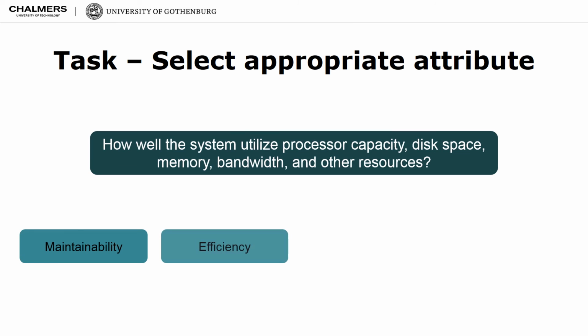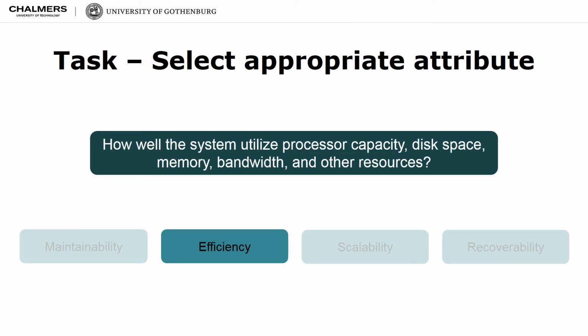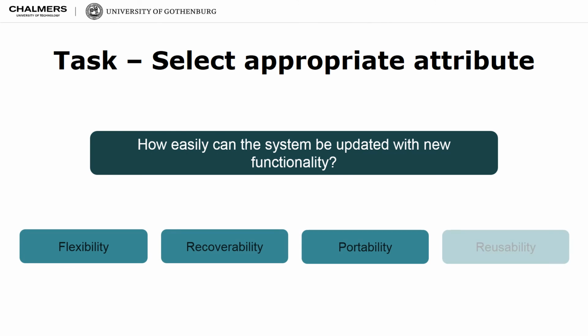A stakeholder is worried with how the system uses processor capacity, disk space, and so on. Which quality attribute is the stakeholder concerned with? The architect is dealing with how easily can the system be updated with new functionality.